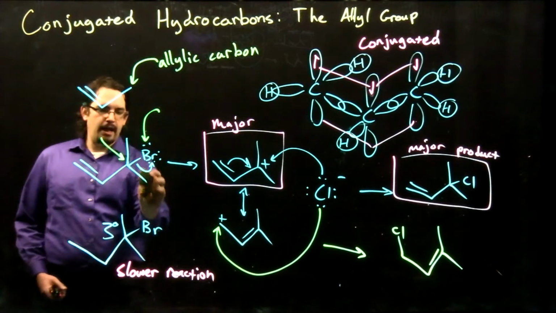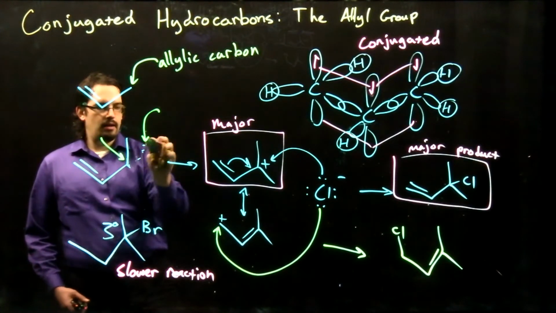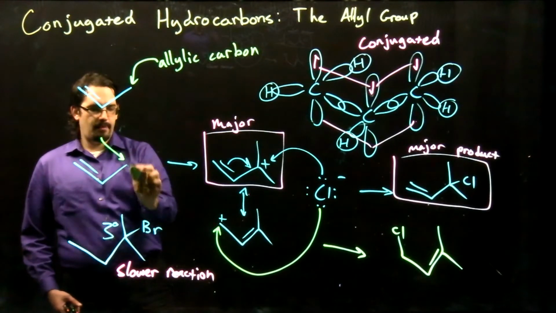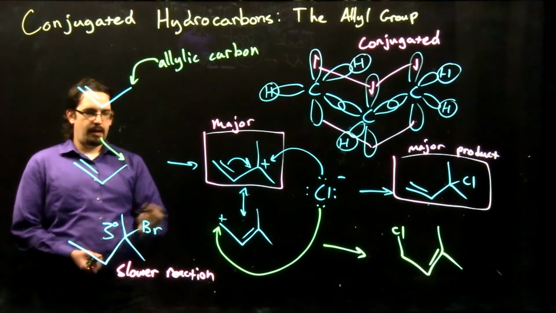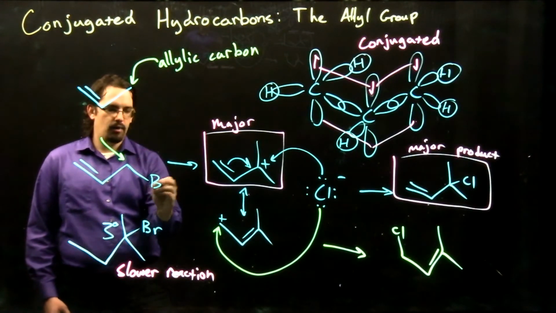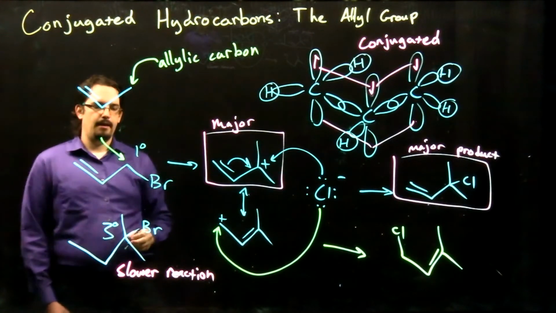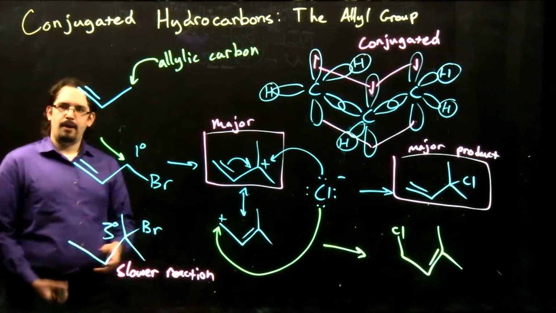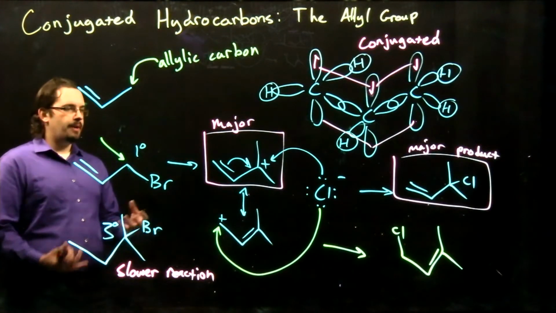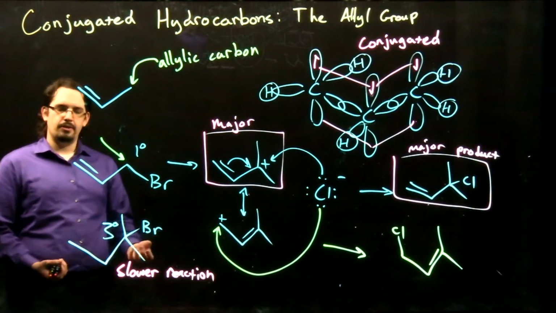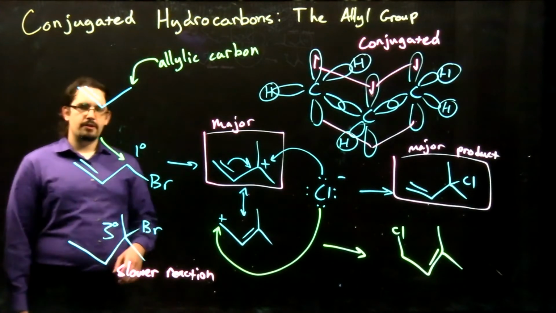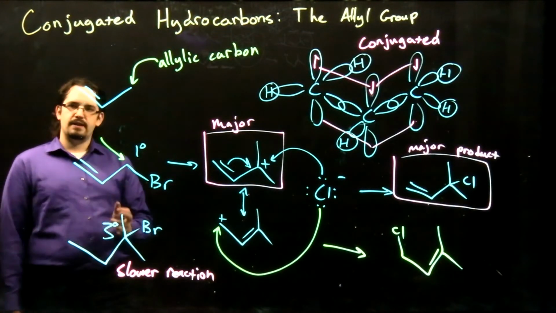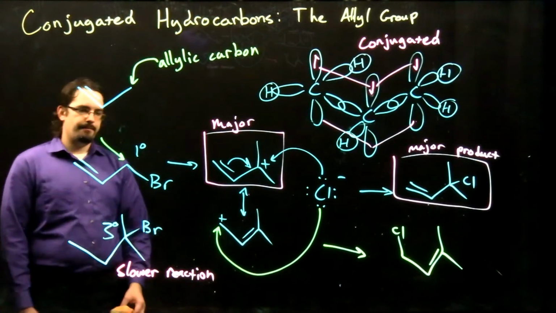Now, if we rearrange our allylic alkyl halide to a primary alkyl halide, again attached to that allylic carbon. So of course with primary alkyl halides we primarily go through SN2 reactions. And as it turns out, with this primary allylic alkyl halide we can still undergo an SN2 reaction.